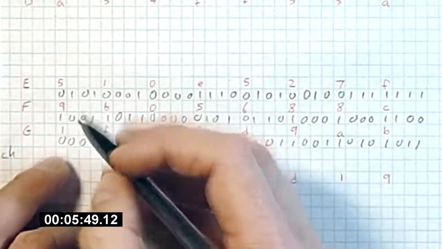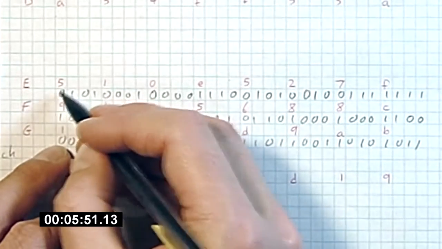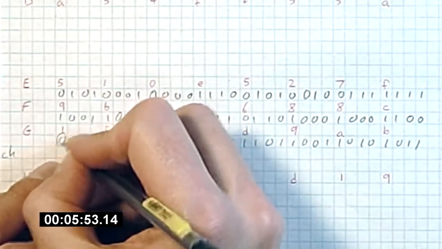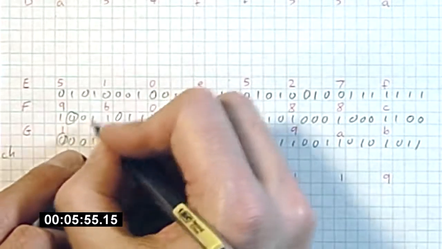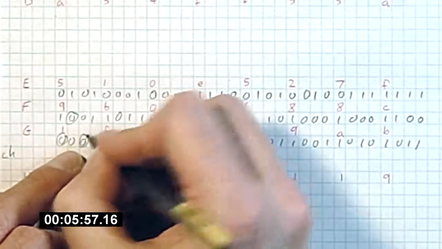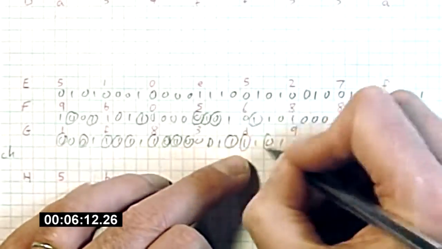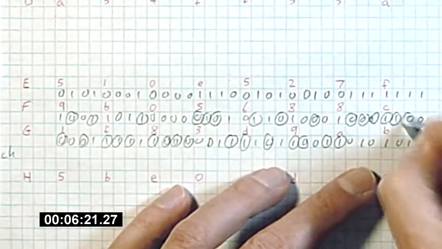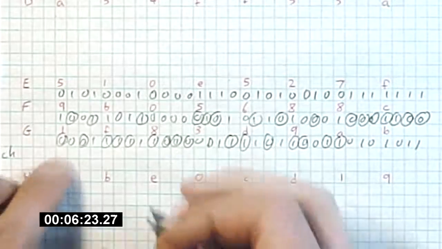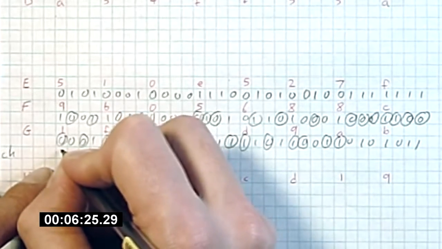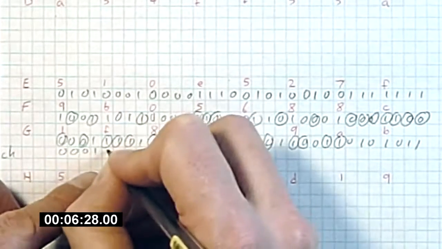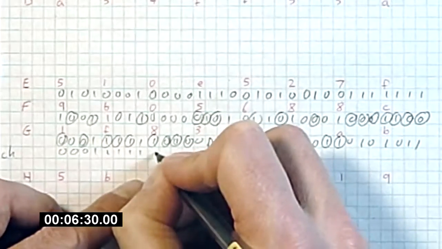So what we do is, for each bit of E, if it's 0, we circle the bit of G. If it's 1, we circle the bit of F. And now we write down the circled bits underneath here for our choice.